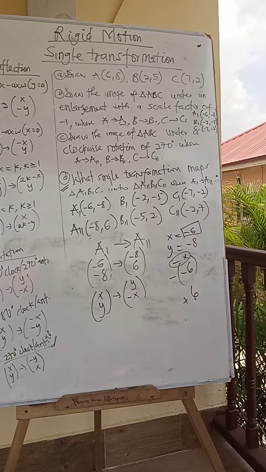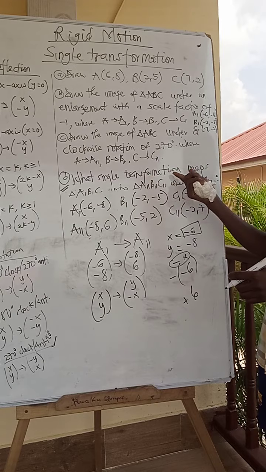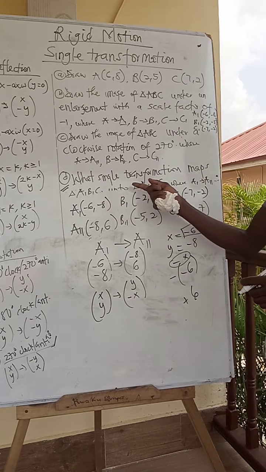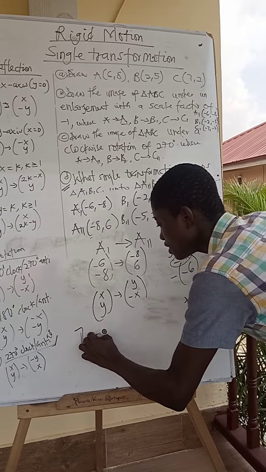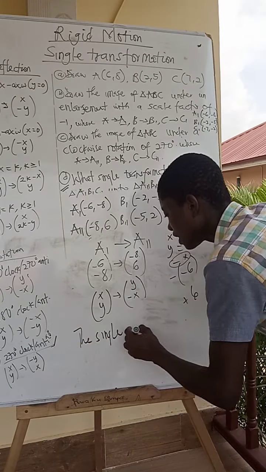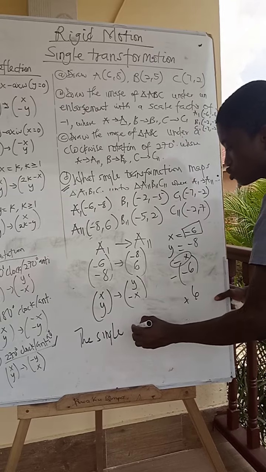So here, in this question, they're asking what single transformation maps A1, B1, C1 onto A2, B2, C2. So you write this as your conclusion.